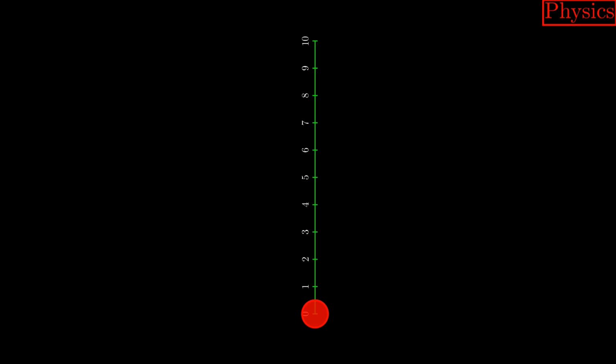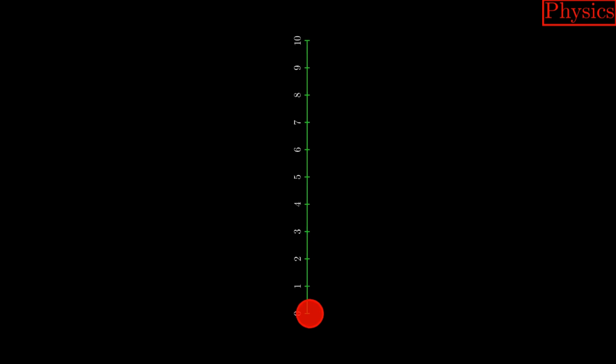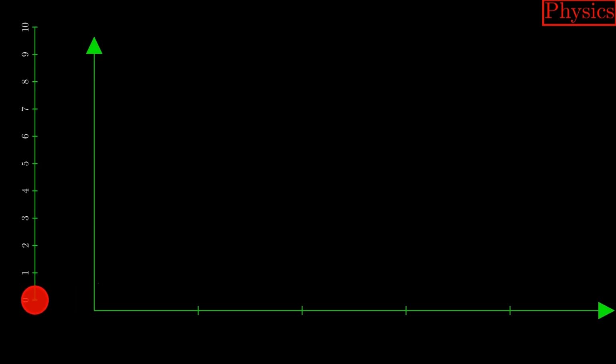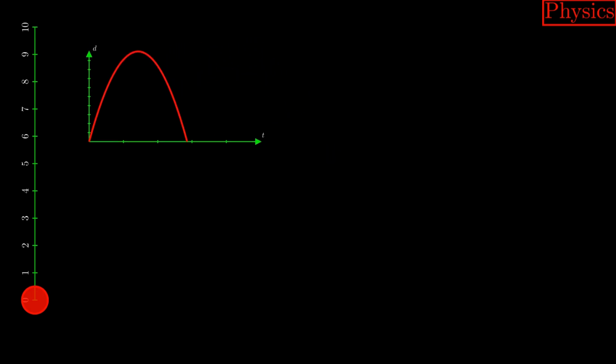So, in this new example, since the displacement does not change at a constant rate, because it goes up and it comes back down instead of just moving in one direction at the same speed, or at the same velocity, I should say, the velocity is not going to be constant, but the acceleration is, in this case at least.